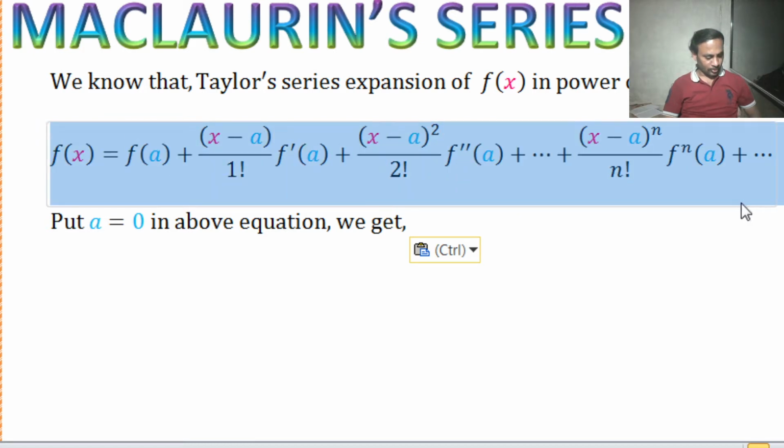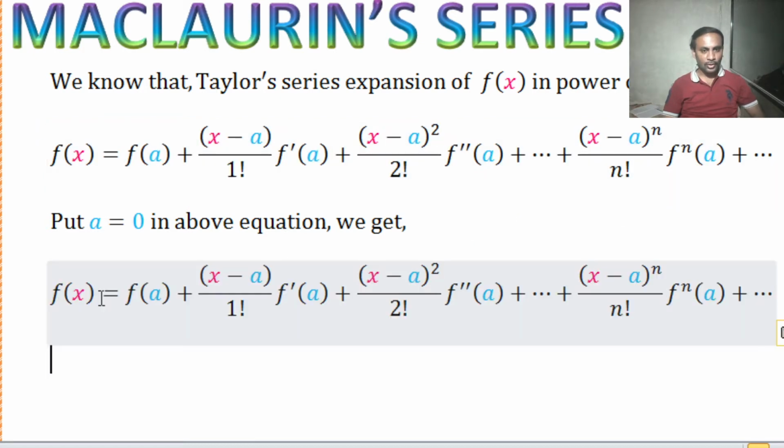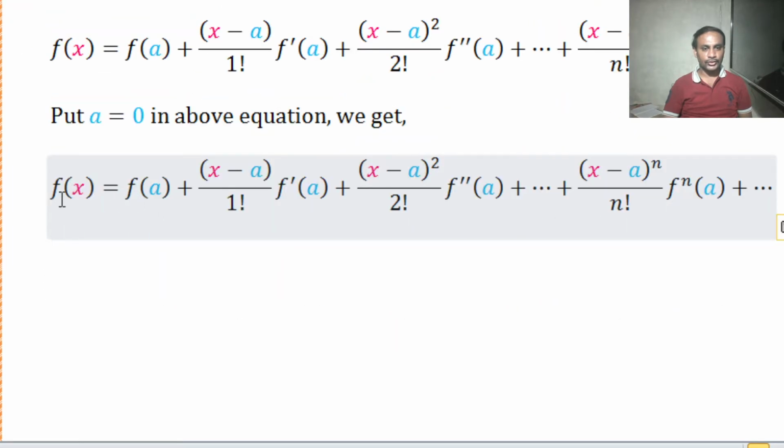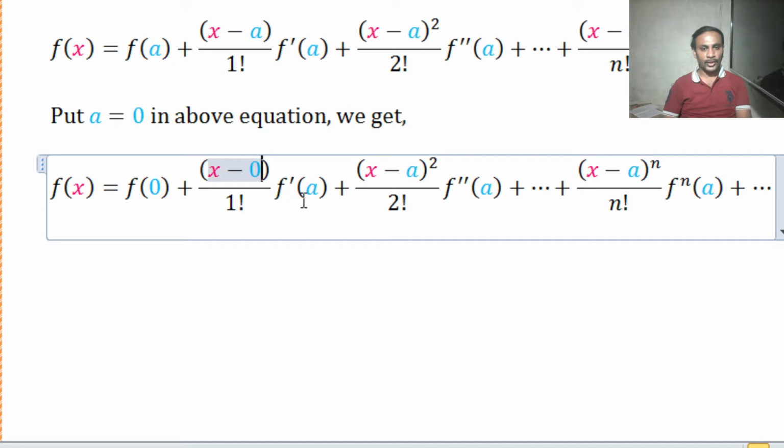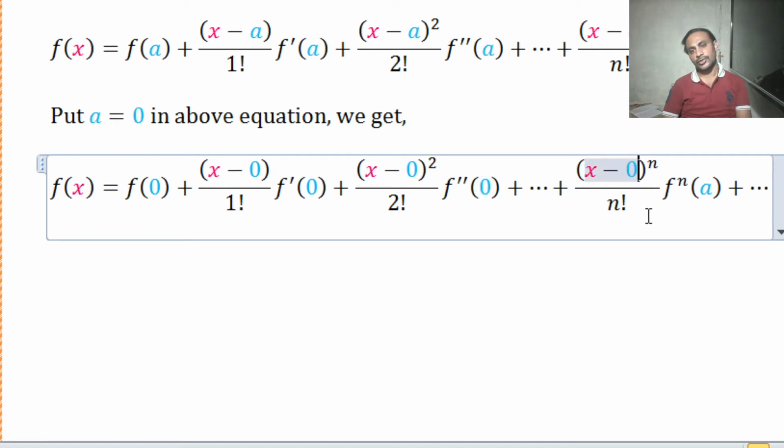So after putting value of a is equal to 0, we get f of x is equal to f of 0 plus x minus 0 upon 1 factorial into f dash of 0 plus x minus 0 bracket square upon 2 factorial into f double dash of 0 plus and so on, x minus 0 bracket raised to n upon n factorial into nth derivative at 0.